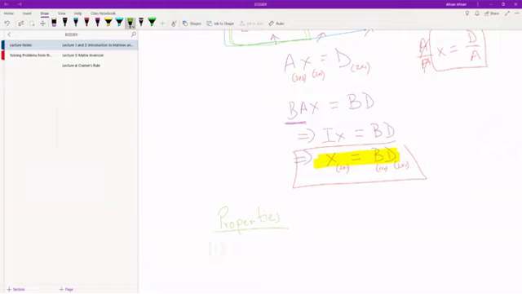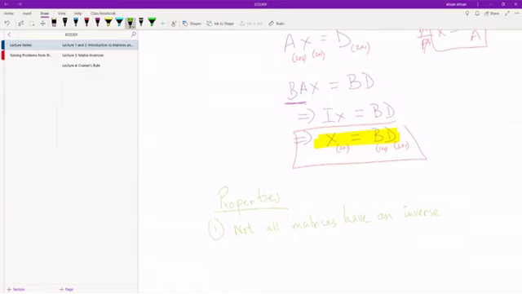So the first property, important, not all matrices have an inverse. So only a few matrices will have an inverse. If a matrix has an inverse, it is square.